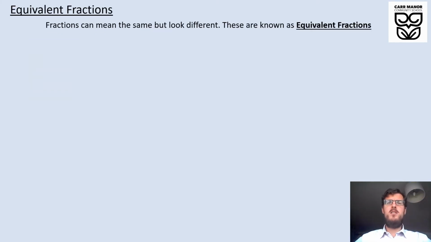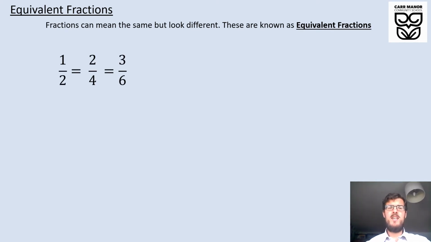So to look a bit closer at equivalent fractions, they are fractions that mean the same amount, but they look different. They use different numbers in them. The best example I can give is 1/2 equals 2/4 equals 3/6. That's just like the example we gave. I'm thinking about pizza. If I've got a pizza that's cut into 2 and I'm keeping 1 slice, it might be a bit sloppy to eat, so I'm going to cut it in half again.